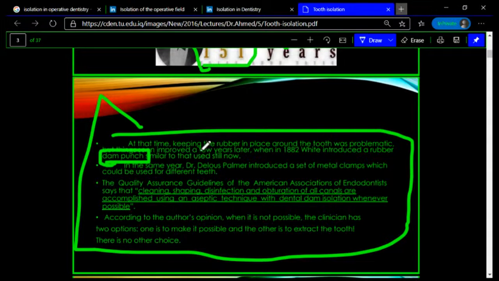This rubber dam punch is very important in dentistry and is still used now. In the same year, Dr. Delos Palmer introduced a set of metal clamps which could be used for different teeth.